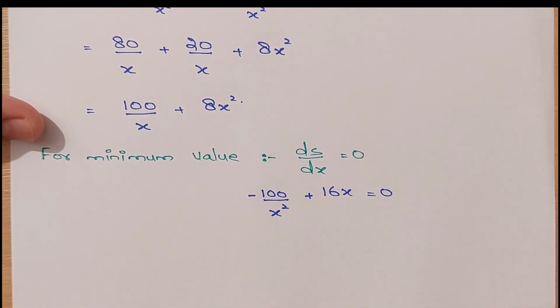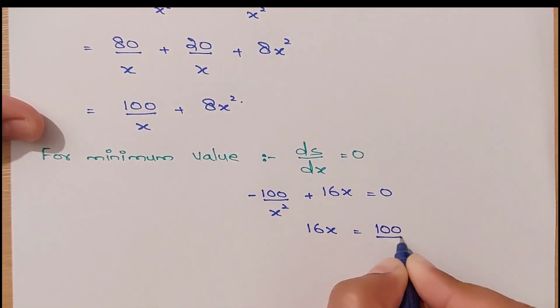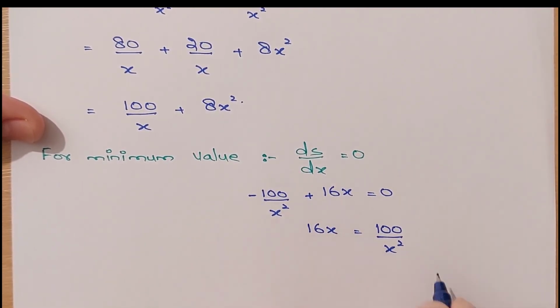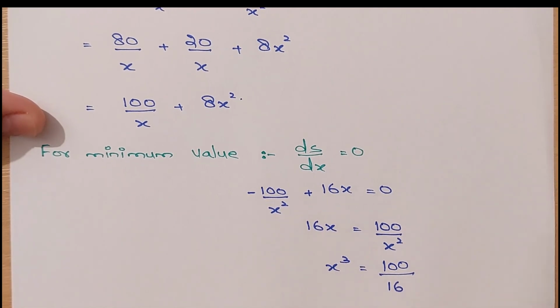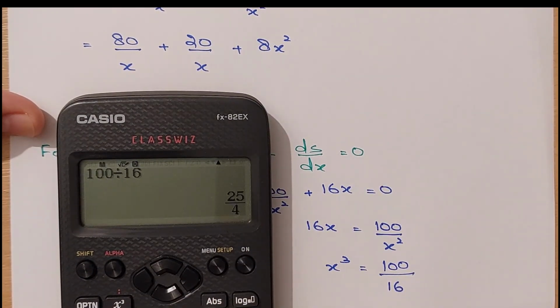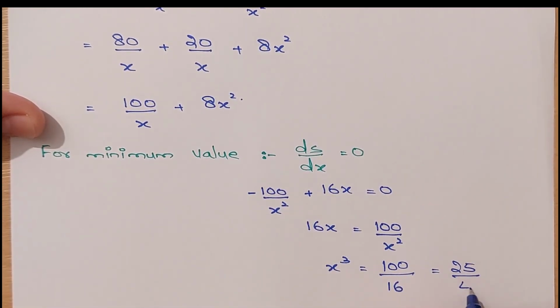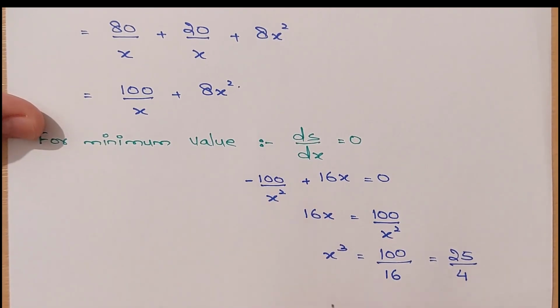Now let me solve for x. So here we have 16x equals to 100 over x square, right? Doing a cross multiplication, x cube equals to 100 over 16. The simplest form of 100 by 16 is 25 by 4. So this is 25 by 4 is x cube, and to find the value for x we have to do the cube root of 25 by 4. This is the x value.